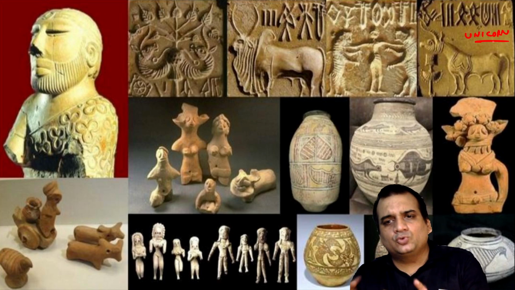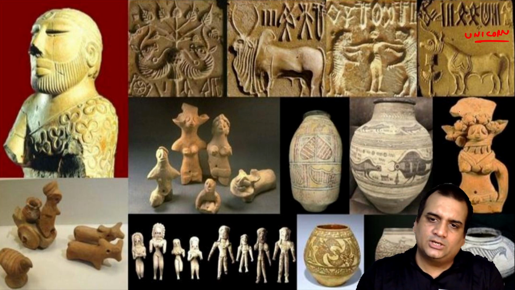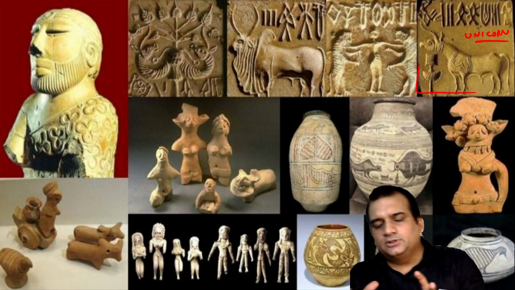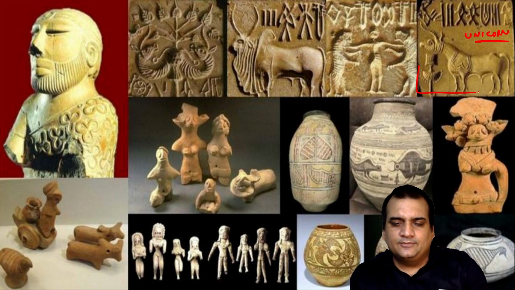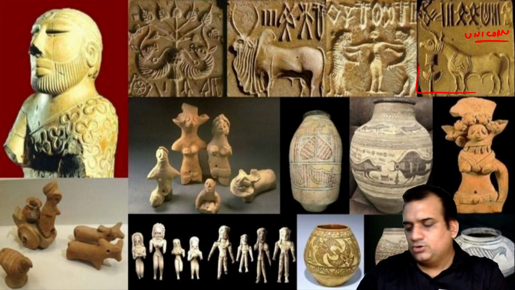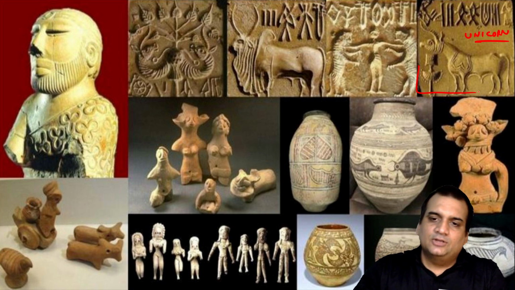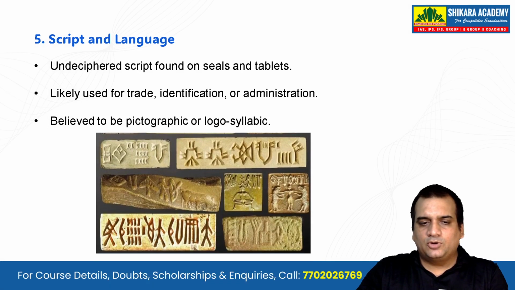Almost 60 to 70% of seals were of this particular image. Some people call it a unicorn seal or the humpless or the hump bull seal. So that is what you must remember when we will talk about the seals.